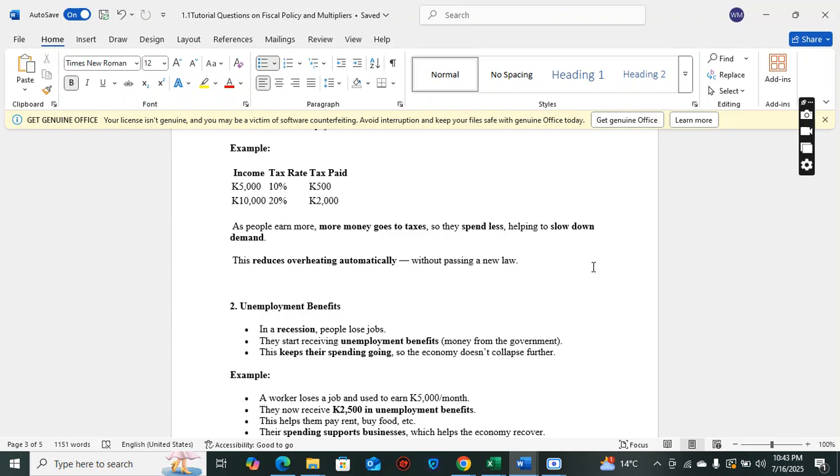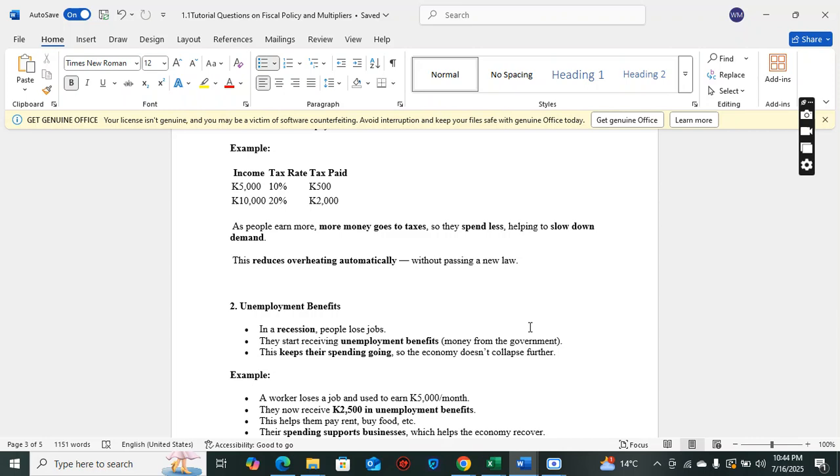So as a business, you might need to lower your production. And when you lower your production, you lay off more workers. And that cycle brings the deflation and now the economy is in a problem. So that's how unemployment benefits work.